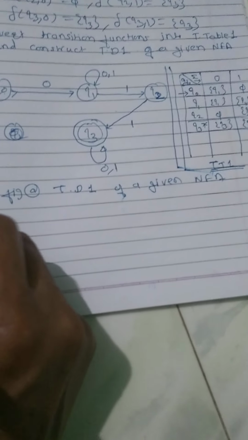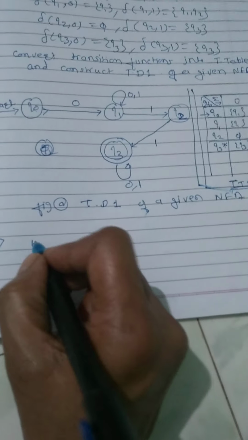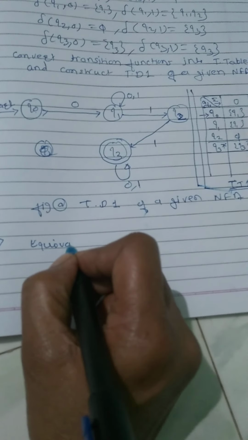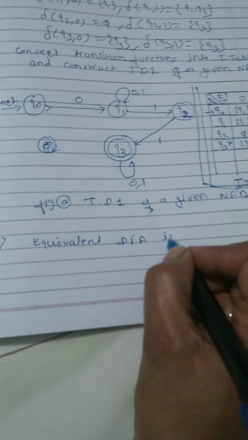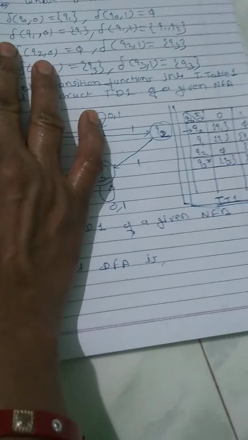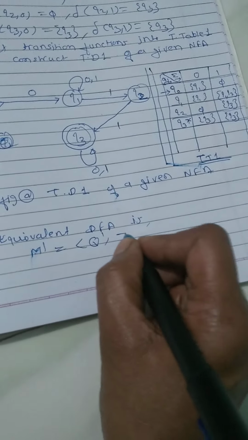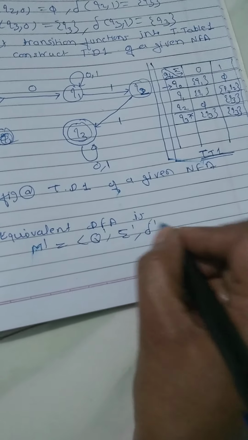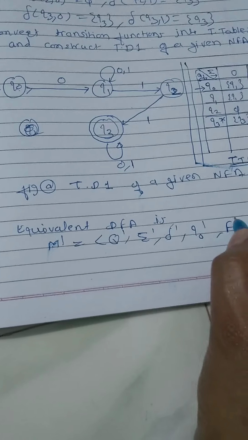Step 2: the equivalent DFA is M dash, which is equal to Q dash, sigma dash, delta dash, q0 dash, F dash.